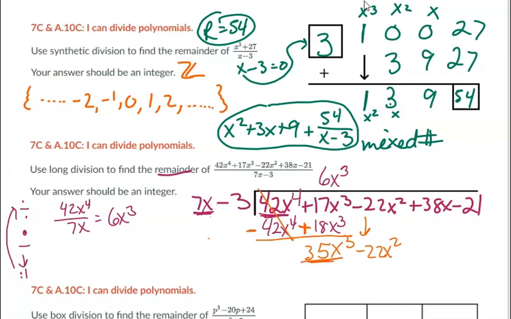We're going to repeat that process. Divide, but this time the lead term is 35x cubed. So let's divide those off to the side. We get 5x squared. Line that up. Multiply 5x squared by each of these two terms.